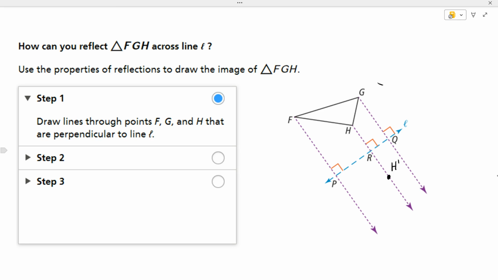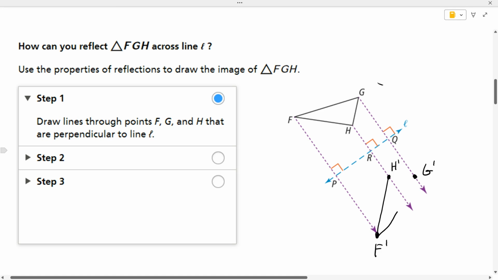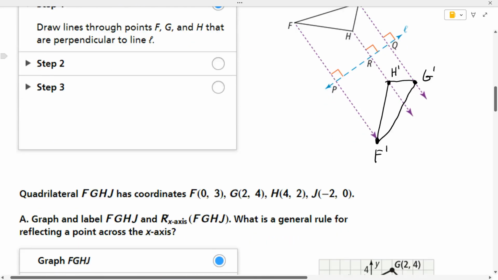G, well, it's this far away, so we want to go this far away. So that would be G prime. And F is this far away, so we want to go that far away. So that's F prime. And then you draw your triangle. And that looks somewhat like it. It's not perfect, but we would actually measure it if we're doing it for real.